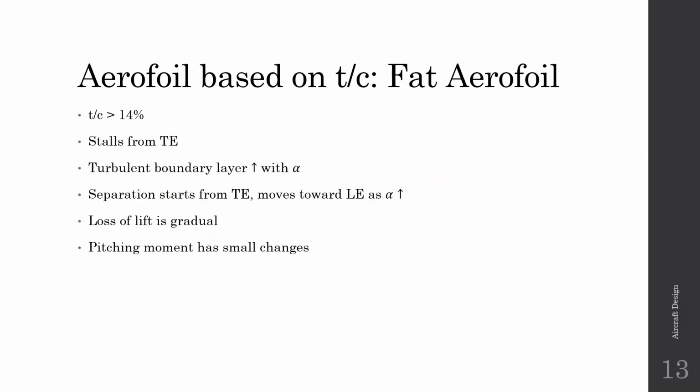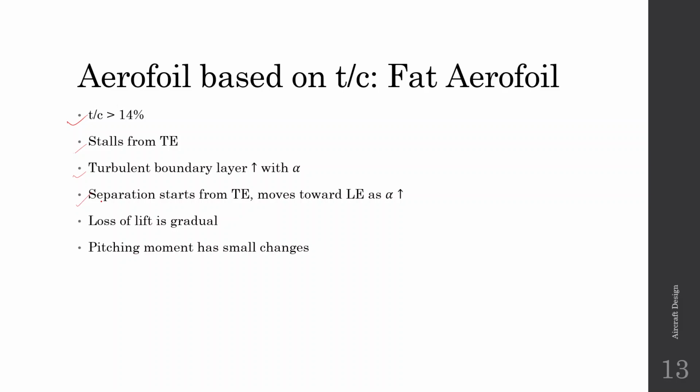Moving forward, these are some slides from last class, a broad classification of aerofoils based on the thickness ratio. When thickness ratio is more than 14%, the aerofoil stalls from the trailing edge, and there is a turbulent boundary layer with increase in angle of attack.